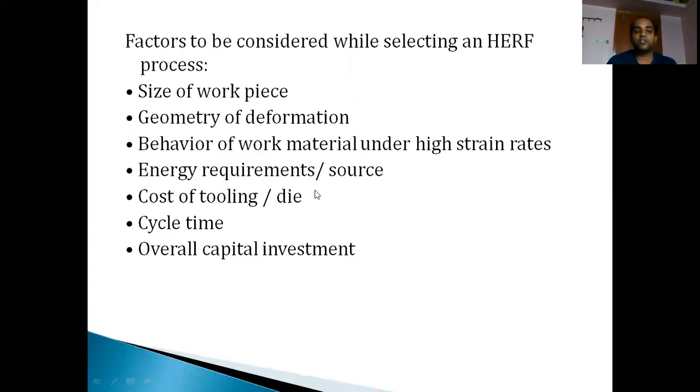Then with respect to this, a very important thing is the designing of the die, placement of the die, and to see what is the cost of the die and how many times you can experiment with them, and including all this, what is the budget, or you can say the overall capital investment of this particular system. So more or less around 6 to 7 parameters you need to know for the working of an HERF process.